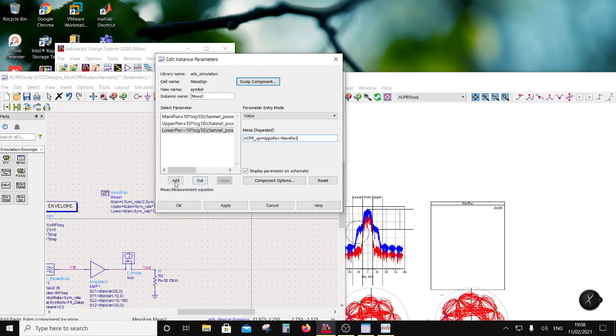Correct? And so add, and ACPR down is going to be lower power minus main power.